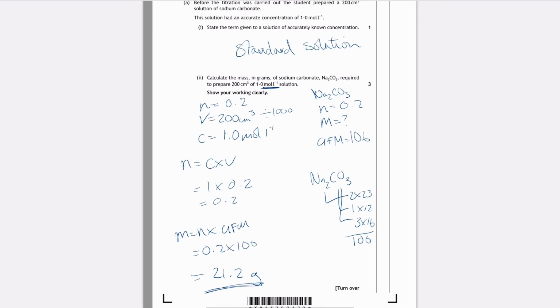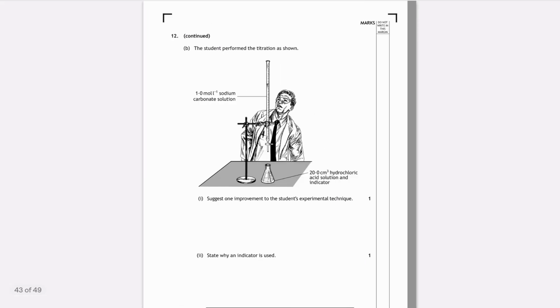So then to improve this titration, there's a few things that the student could do. They could move the burette so that they're taking the reading at eye level. They could reduce this distance between the tip of the burette and the conical flask, because you could get some splatter and solution loss there, so it's not very accurate. They could also use a white tile or a white piece of paper underneath.